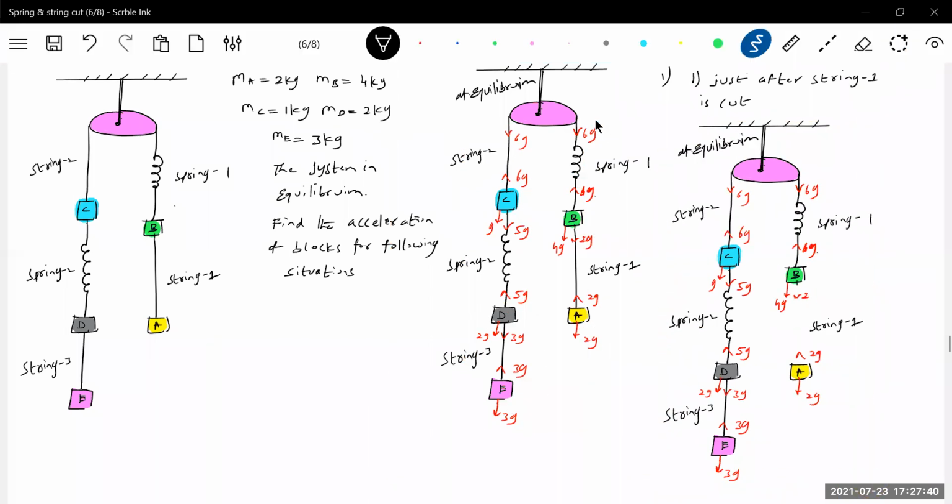I have to just show, string 1 is cut. I'll remove that name itself. No doubt this will fall. Let's see.